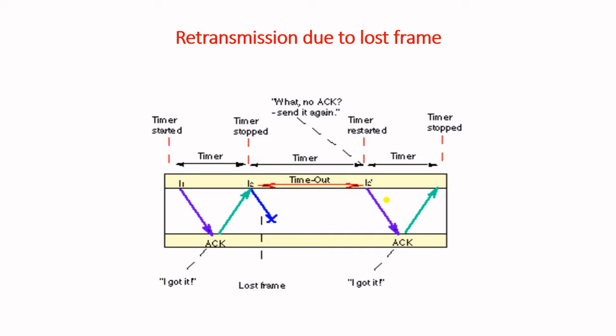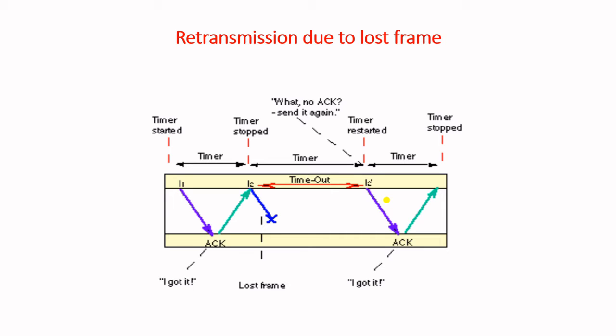If an acknowledgement is received within that time, it is okay. Otherwise, the sender automatically knows that the data is in error or lost, or not received correctly. So it transmits again. If the timer times out, the sender sends the data again.